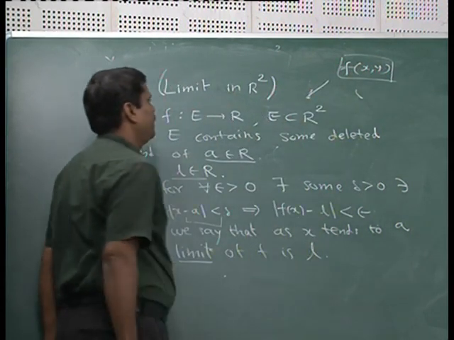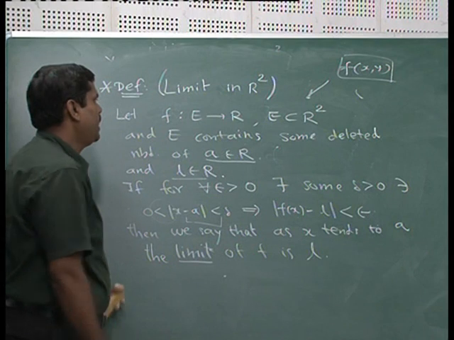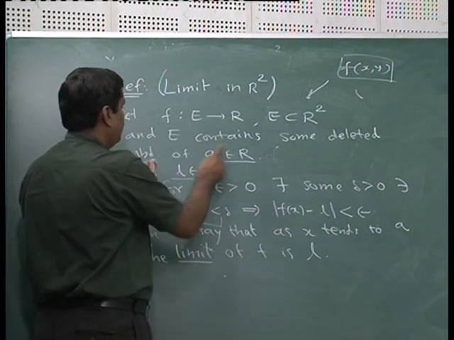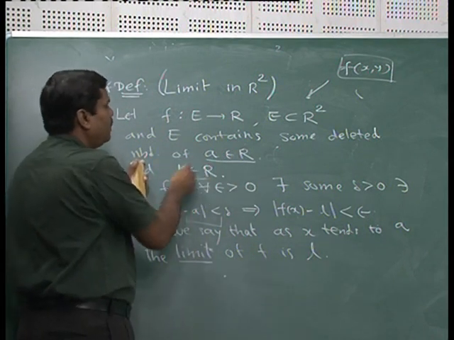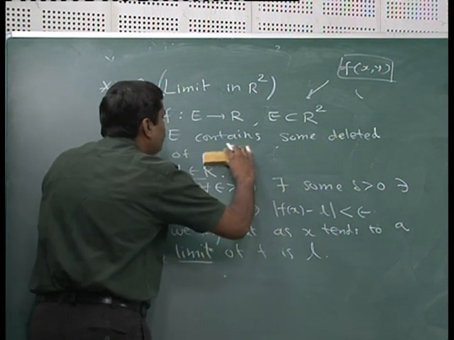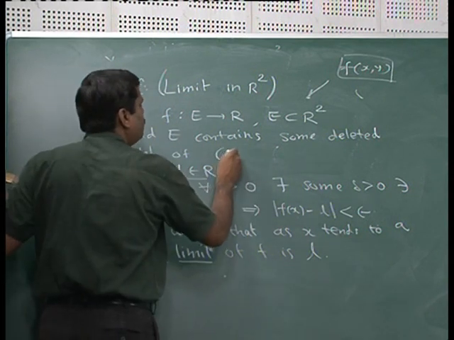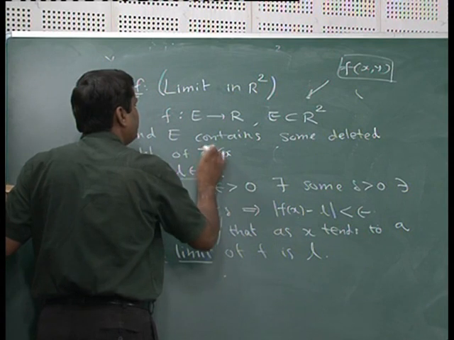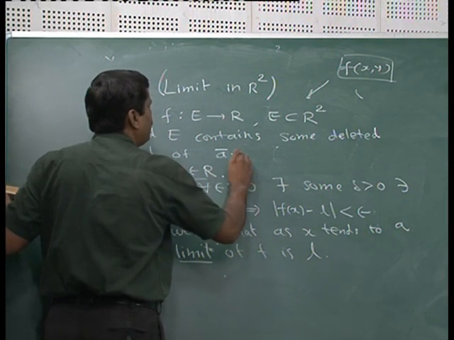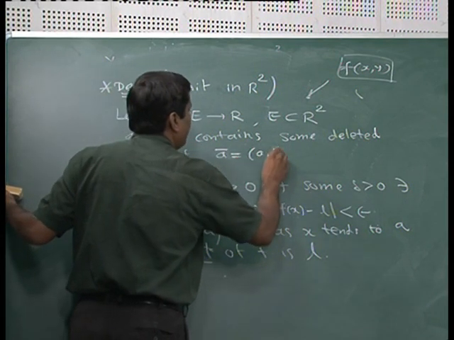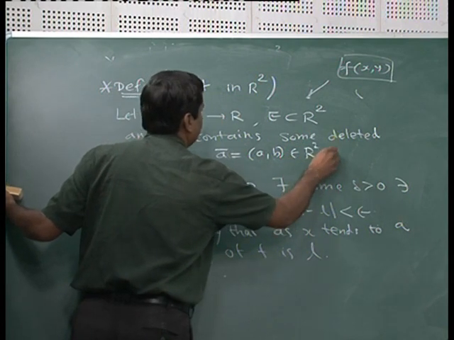f is a function of two variables, and E contains some deleted neighborhood of a point a bar, having coordinates a and b in R2.